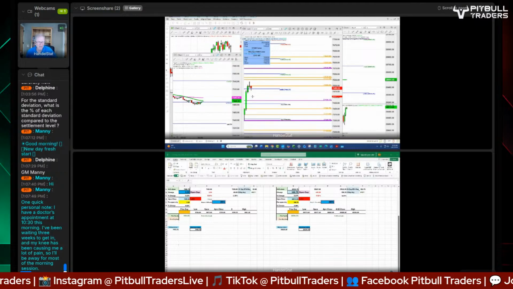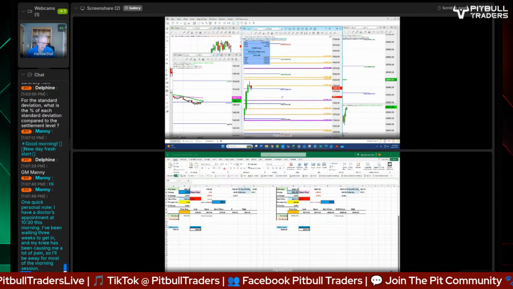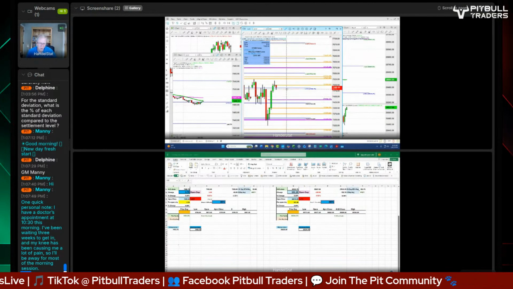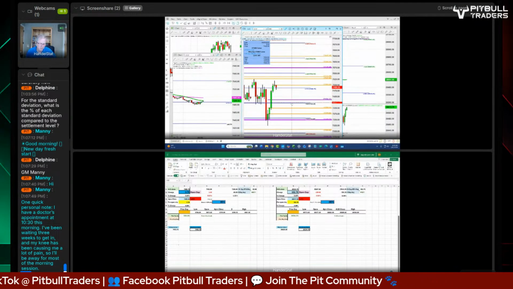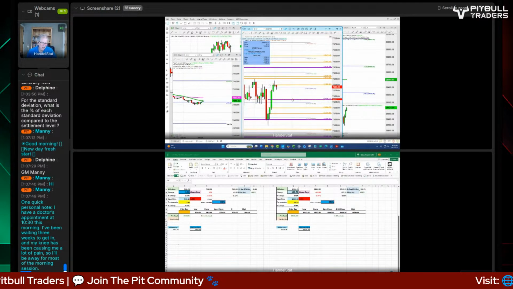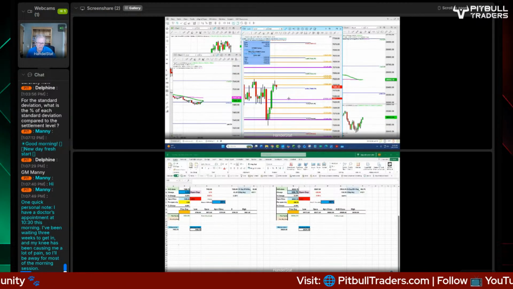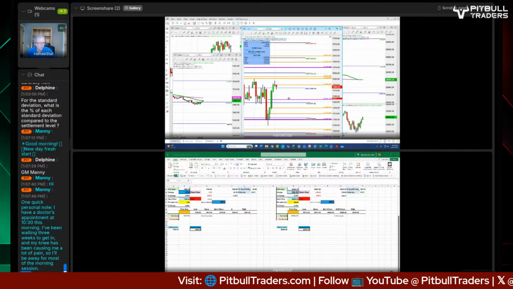I have other reasons for thinking that, but these are the levels on my chart. There's these gold levels, the standard deviation levels, and then this is the 1440 level from yesterday. A lot of times the market will go back and test those levels. That's in the ES. That's 43 or 74.3612.